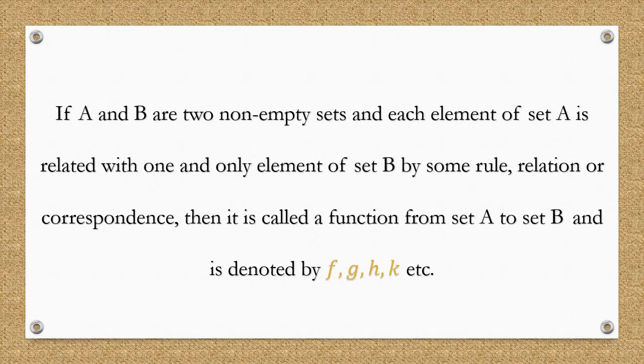For example, if I add 1 to each odd number, I get even numbers. So x plus 1 is the relationship between two sets, or if I subtract 1 from each odd number, I get even numbers. So same thing, x minus 1. There could be different kinds of relationships to connect these two sets, and these relationships are known as functions.